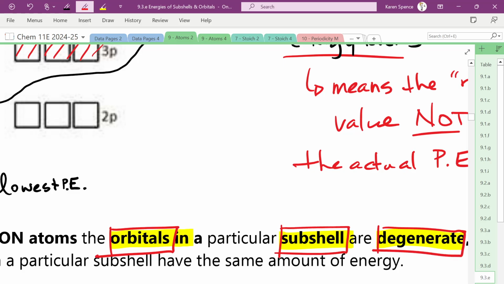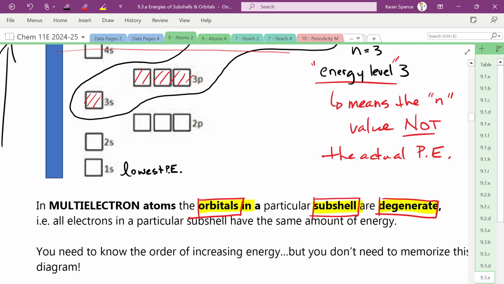So a p is the same as a p is the same as a p. You must memorize this diagram, but not really, because all you need to know is the order.